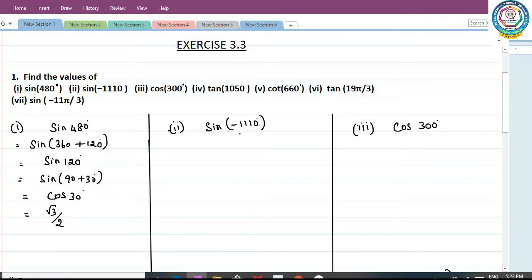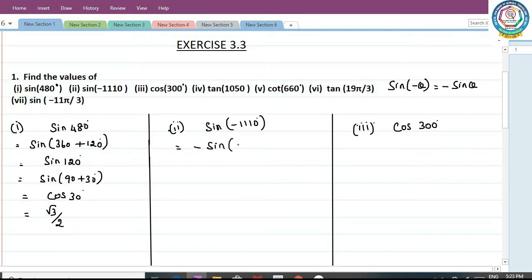Next question, sine of minus 1110. Sine of minus theta is equal to minus of sin theta. Here I am going to take minus sine of 1110 degree. How am I going to split this? It is an odd function. So, minus sine of 1080 plus 30.